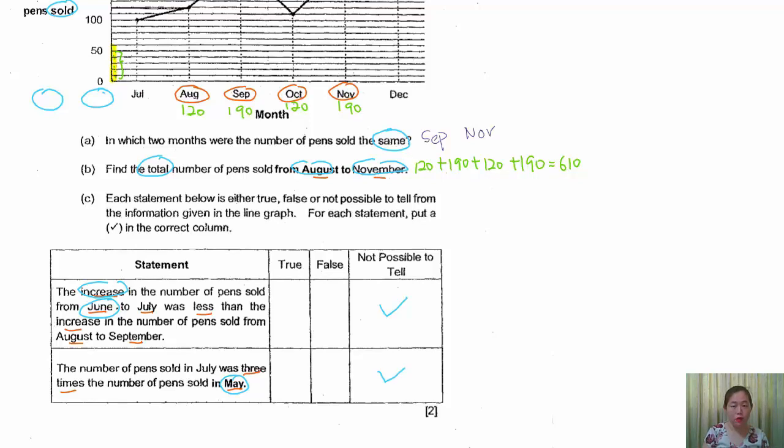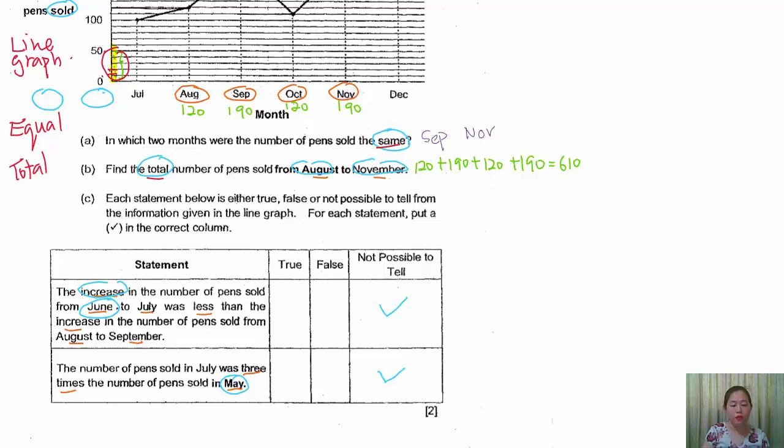Let's recap what we have learned. We learned about this line graph. We also learned about equal and also to calculate total. We learned how to break the total into their mini markings so that we know every marking represents a certain number.